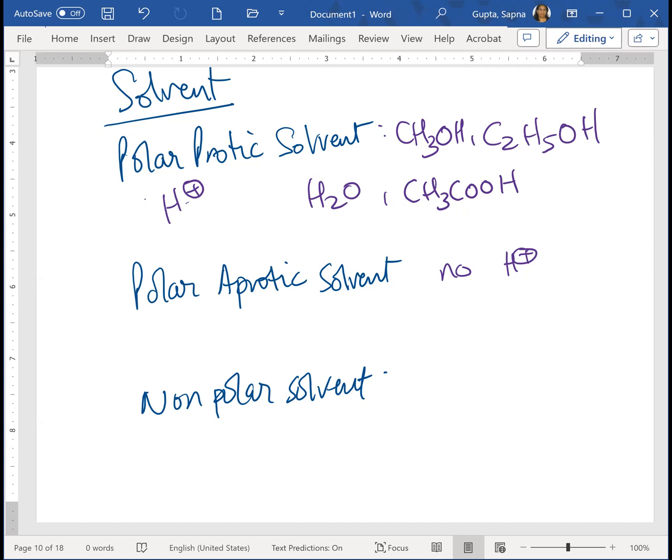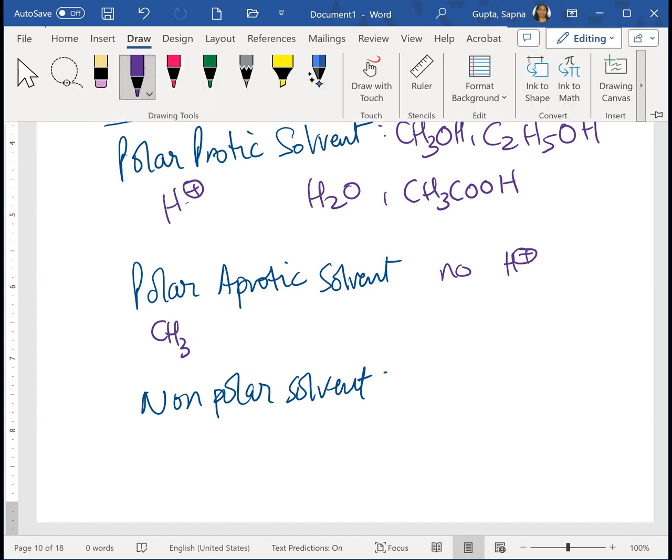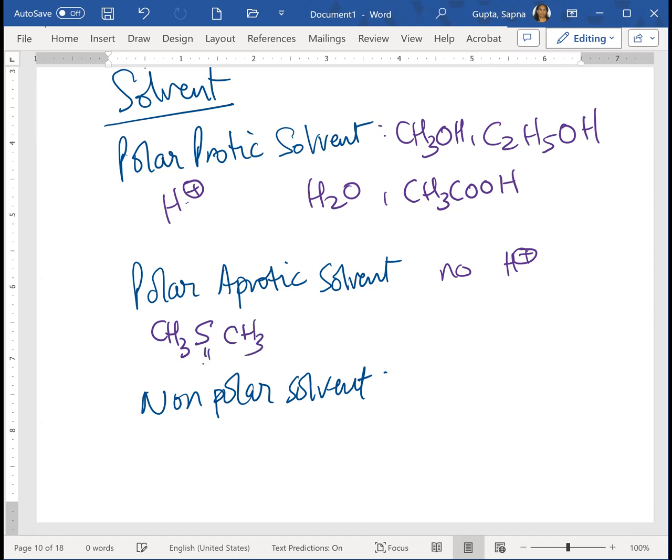So you got to be careful in these cases. So the polar aprotic solvent is something like this. CH3, and then S, sorry, not C, CH3S, and then CH3, and there is an oxygen here as well. So this one is dimethyl sulfoxide. I'm going to write it for you.